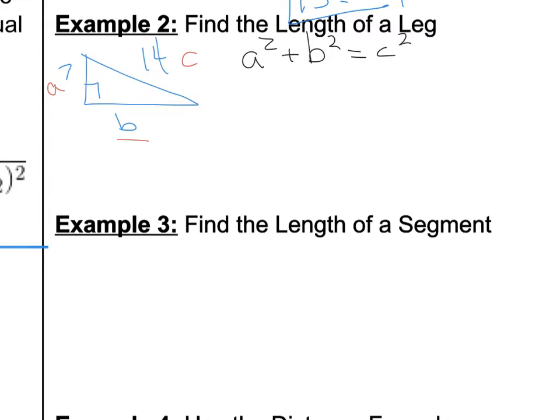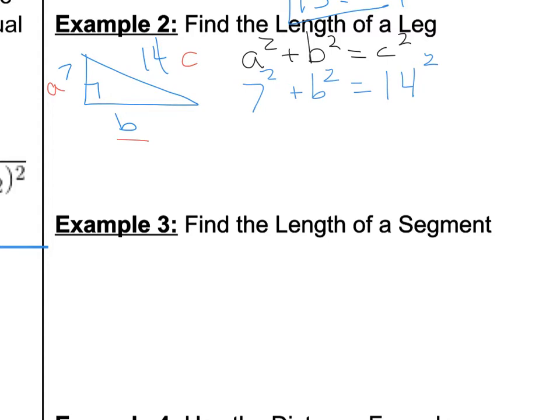I would keep writing this in every single problem until you've got it etched into your brain and you'll never forget it. So A squared is 7 squared, plus B squared, equals C squared. C is 14, so it'd be 14 squared.